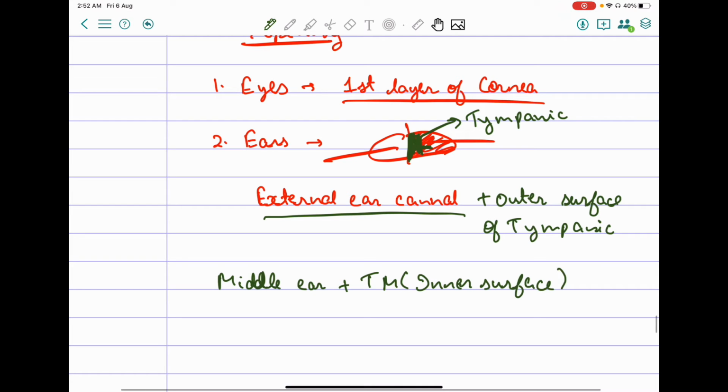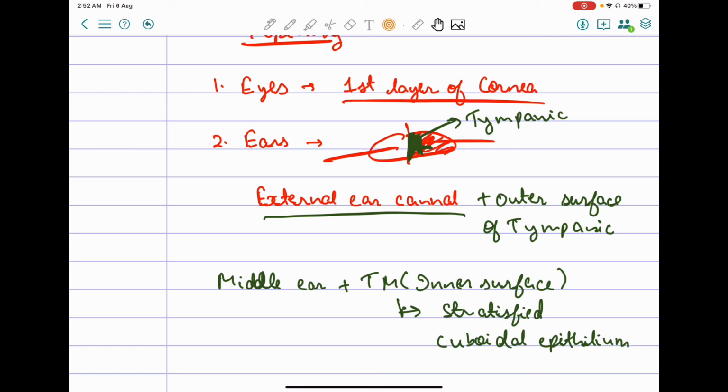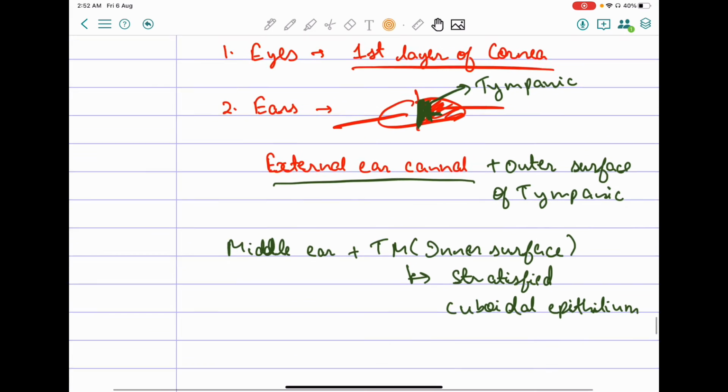The epithelium is stratified cuboidal epithelium. So at the middle ear and the inner surface of the tympanic membrane, stratified cuboidal epithelium is found.